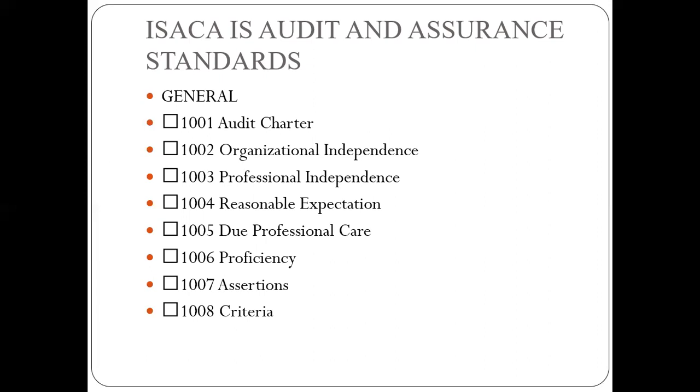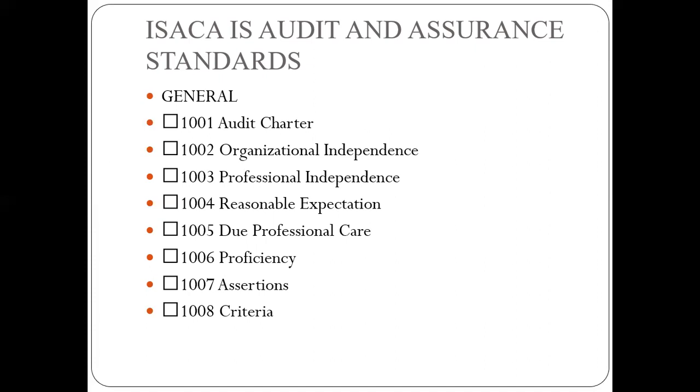So criteria are the best practices that the auditors use to either confirm or invalidate an assertion. For example, ISO 27001. If I want to audit an information security management system in an organization, what criteria will I use? I will use 27001. That is the standard on ISMS.